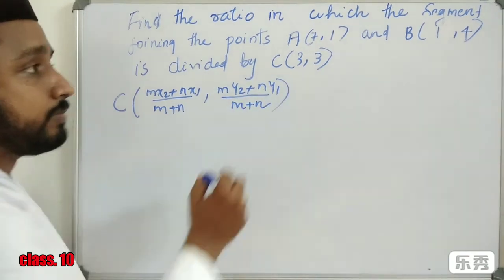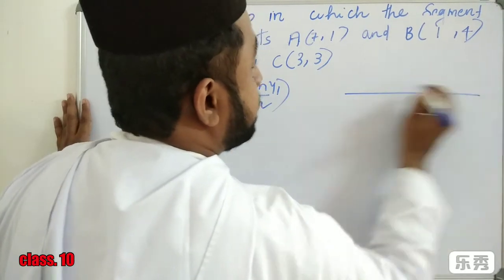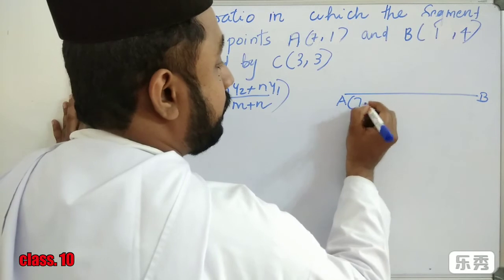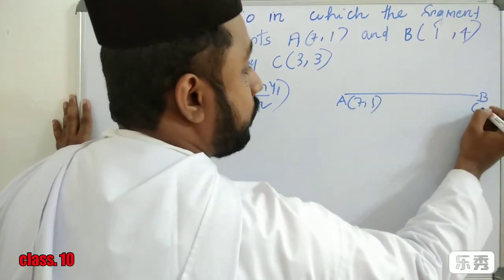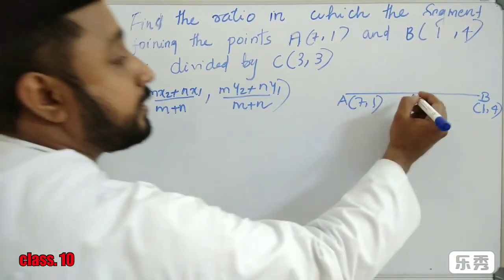This is the section formula. Now we have two points A and B and the line segment joining A and B. A is (7, 1) and B is (1, 4).